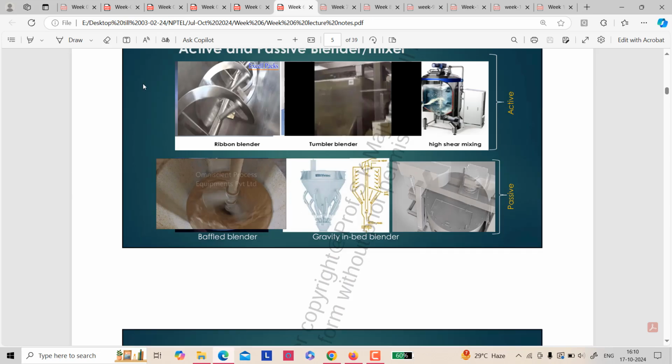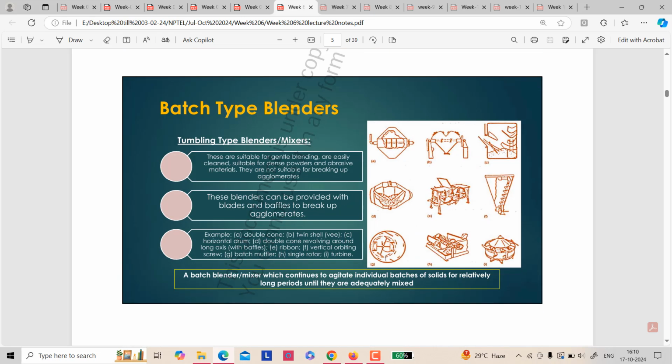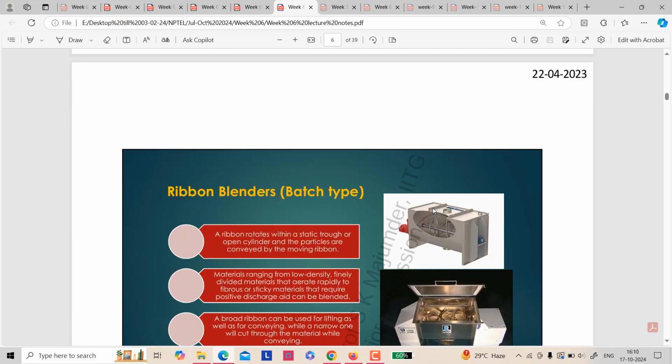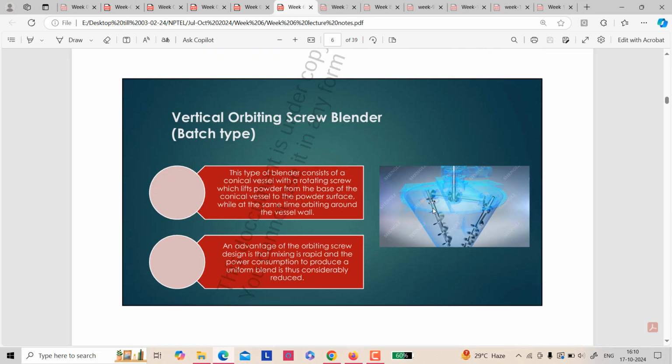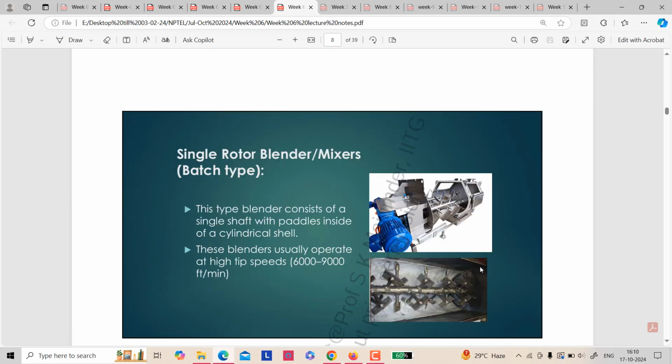These are some pictures of different kinds of blenders. This is a batch type blender. It is also a batch type blender where our feed is given in an alternating way. These are all batch type mixers.